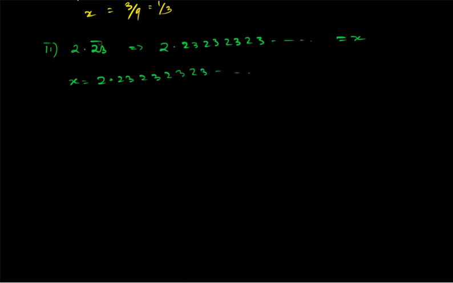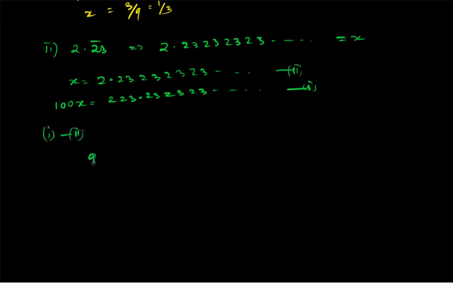As I told you, I have to check if there is any number after the decimal that doesn't have a bar. There is nothing like that. After the decimal we have only two digits and both have a bar above them, so it's good. We have to multiply it by 100, so it will be 223.232323 dot dot dot. That's equation 1, that's equation 2, and subtract equation 2 from equation 1.